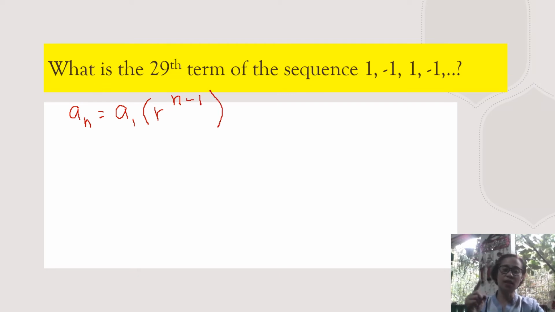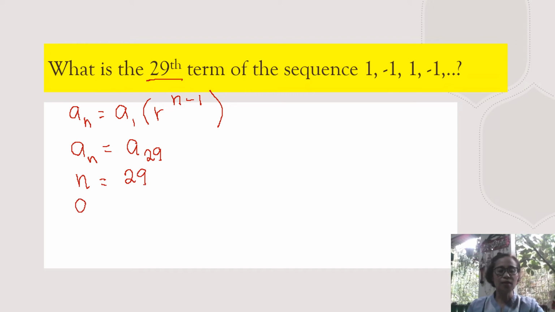Now let's identify the representations here. We are solving for the 29th term, so a sub n is actually a sub 29. So n is 29. a sub 1 is the first term here, that's 1.